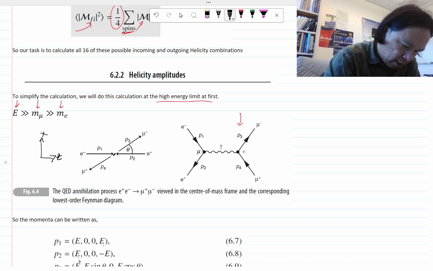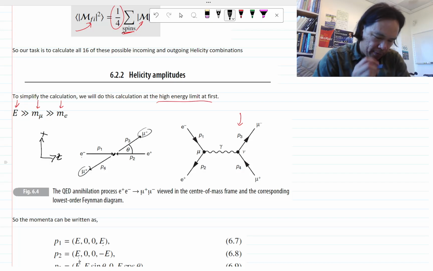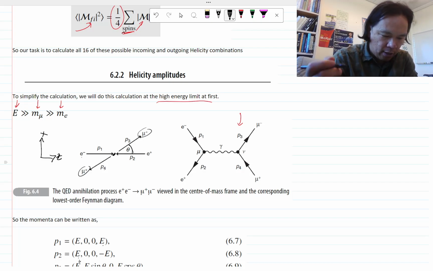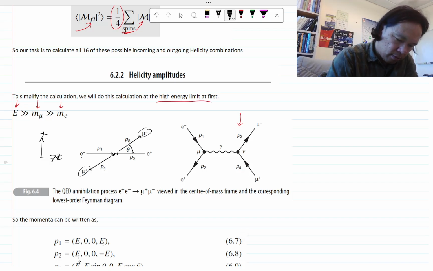They annihilate each other at this interaction point, and that photon decays into p3 and p4 as muons instead. This angle here is defined as the polar coordinate angle theta, relative to the z-axis. Remember the positive z-axis is along this direction.